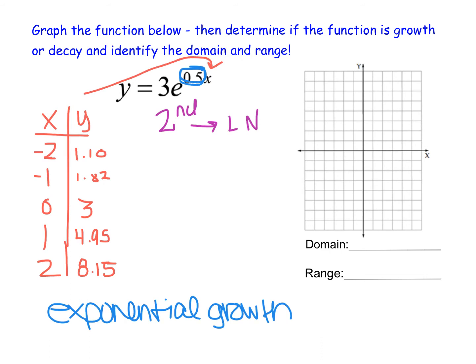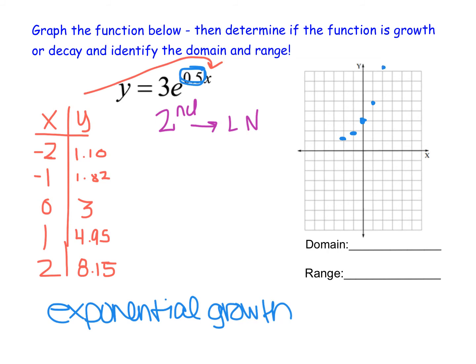So if I begin to graph these points now, I have negative 2 comma 1.10, so that's about right there. Negative 1 comma 1.82, so that's about there. 0, 3, 1, 4.95, 2, 8.15.